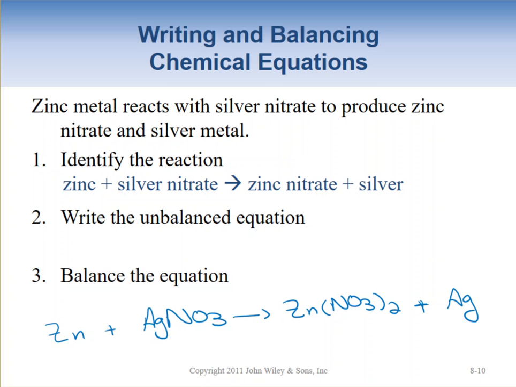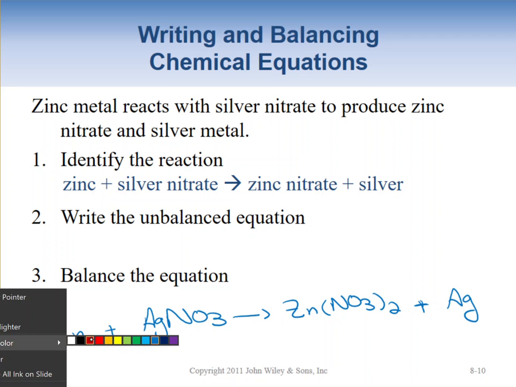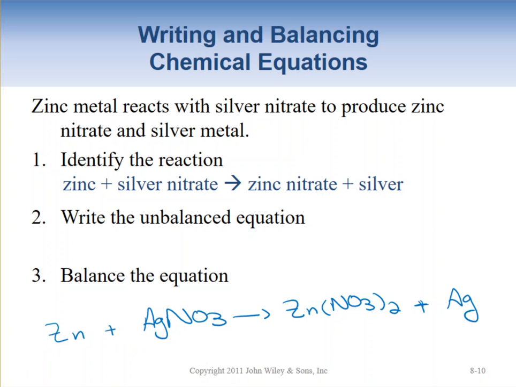Now, here, if you pay attention, although you have nonmetals of nitrogen and oxygen, however, NO3, the nitrate ion, is one of the polyatomic ions, and it appears on both sides of the equation. So in the reactants, you have silver nitrate. In the products, you have zinc nitrate.